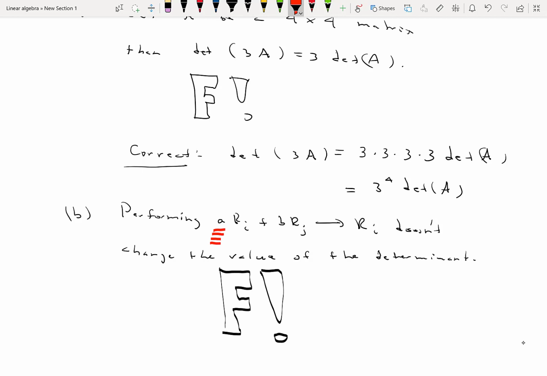If you multiply a row of a matrix by a constant, you affect the value of the determinant. Remember, you can factor out that constant. Okay, so this is false. This is absolutely false.